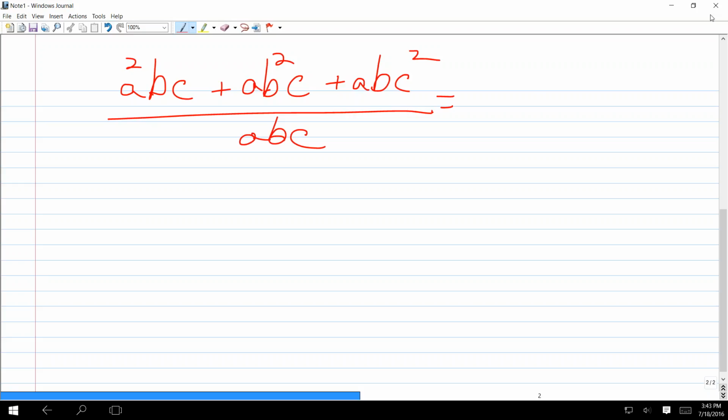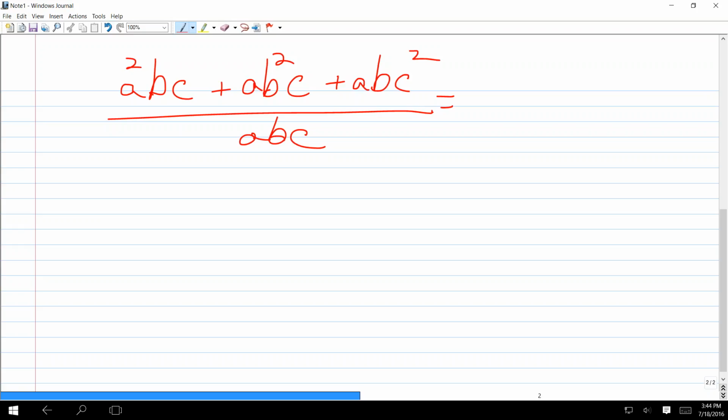That equal to? A squared plus B squared plus C squared plus 2A plus 2B plus 2C. No. In other words, I want you to think of the numerator in a greatest common factor sense.